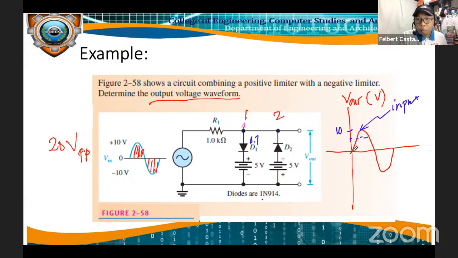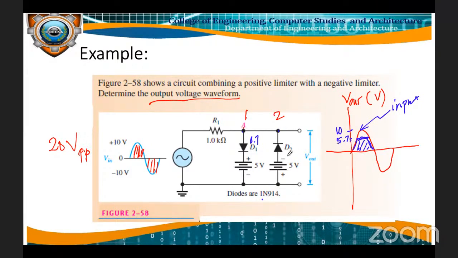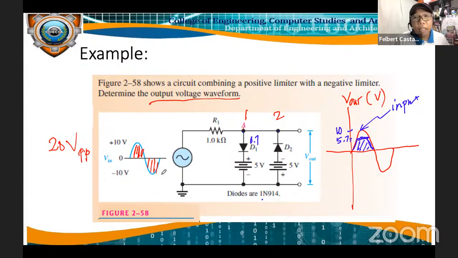So, ito yung output ng clipper natin, 5.7. Do you follow, guys? During the negative half cycle, negative 10 volts ang input natin.